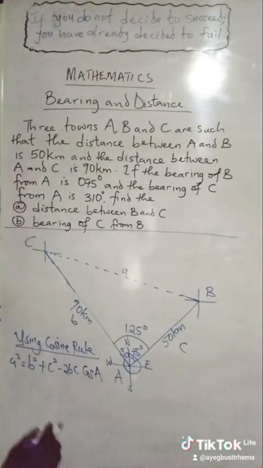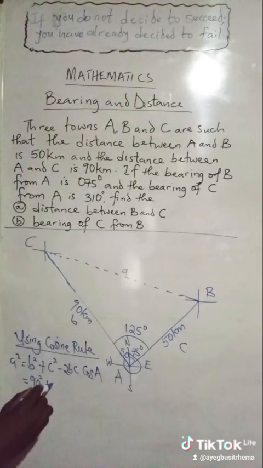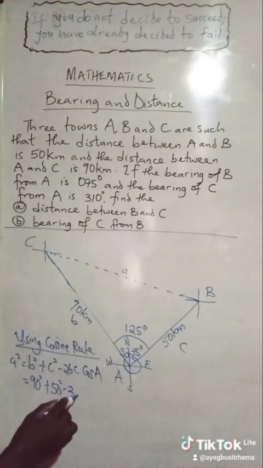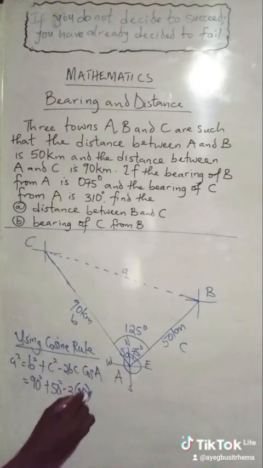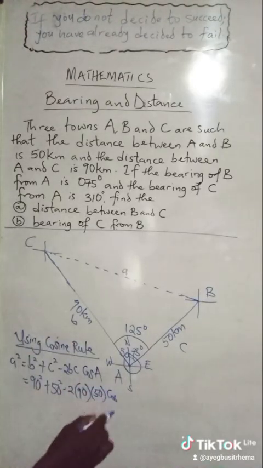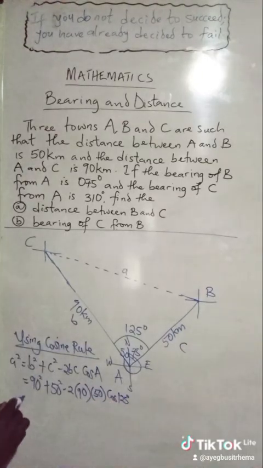Right? So our b squared is 90 squared, c is 50 squared, minus 2 multiplied by 90 multiplied by 50 cos 125 degrees.